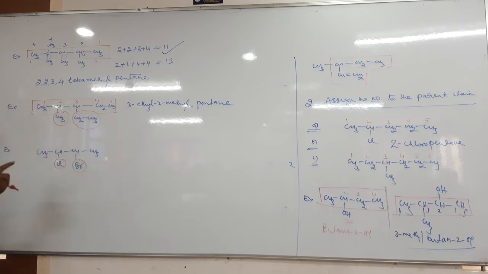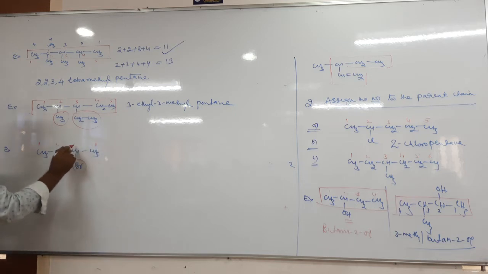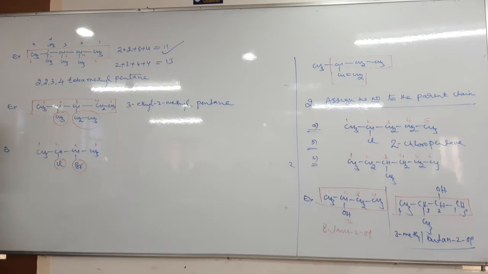They are at equivalent positions from the two ends. From left to right, chloro is 2. From right to left, bromo is 2.